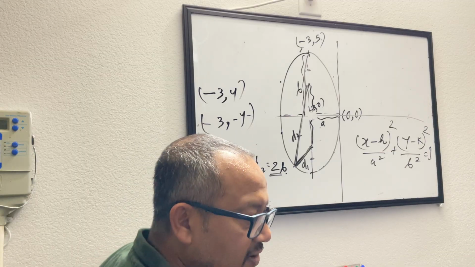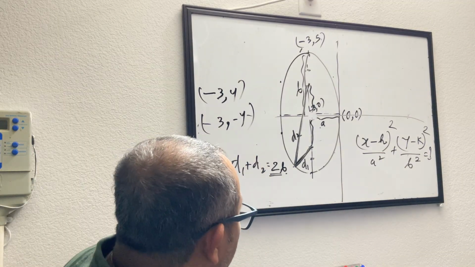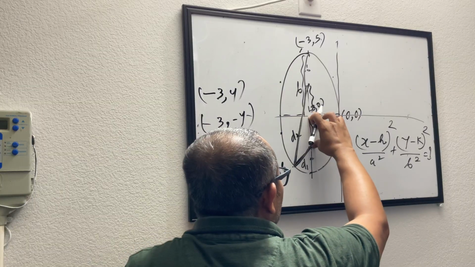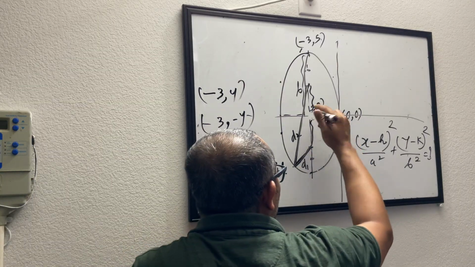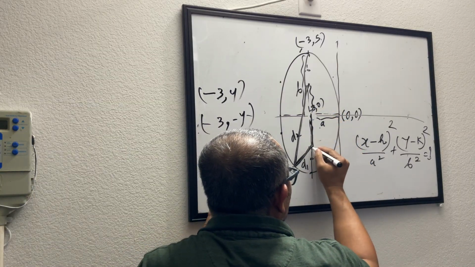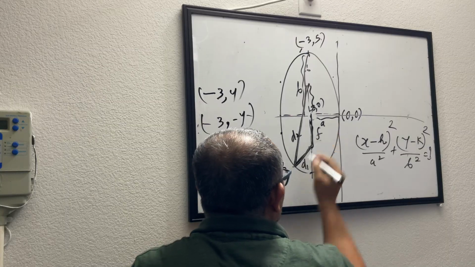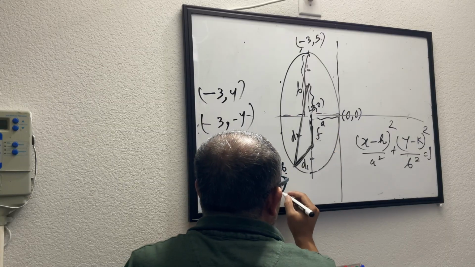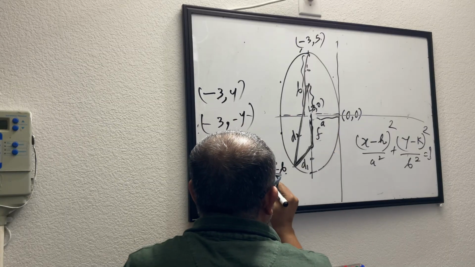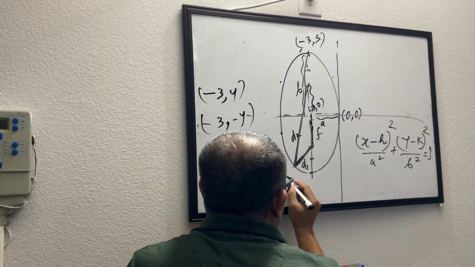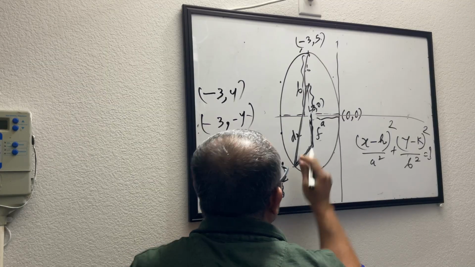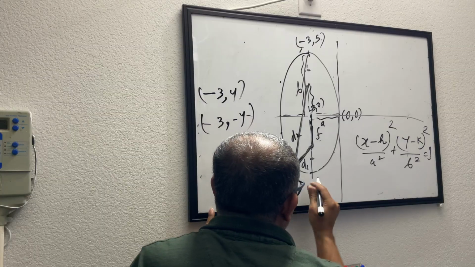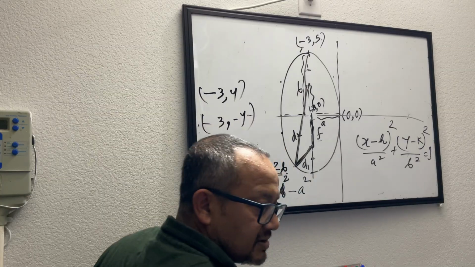Is everybody with me so far? And this distance, the focal distance, meaning from the origin to one of the foci, the square of this distance will be equal to the square of the major radius, here my major radius is b, square minus the minor radius square.